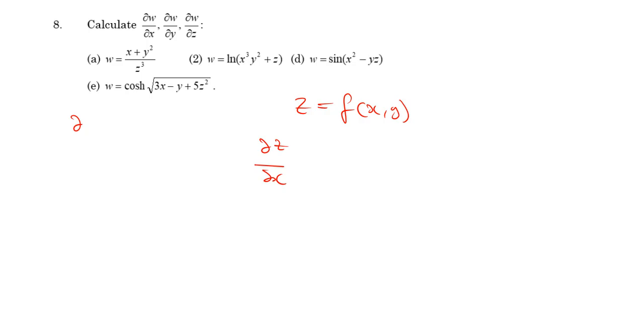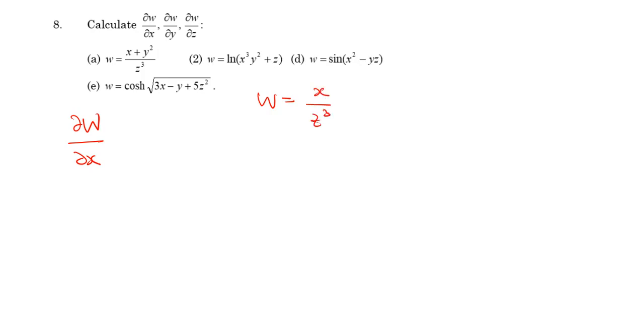So you have w, and you're differentiating this with respect to x. You're taking the partial derivative of this. For part a, I can write w as x over z cubed plus y squared over z cubed.